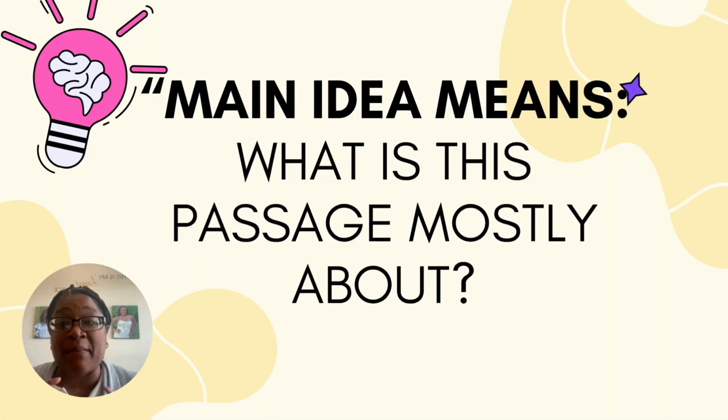It might seem pretty straightforward to us as adults, but for middle school students, identifying the main idea and its supporting details can get a little difficult, to say the least.